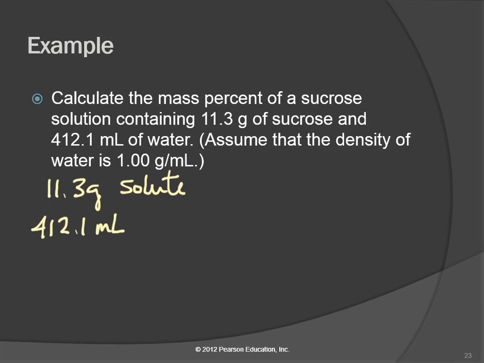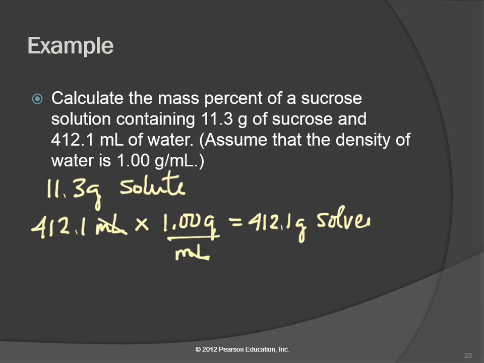That's a volume, and we need mass. And they gave us a big hint. Assume the density. So the density is 1 gram per milliliter. So that means it's 412.1 grams of solvent.